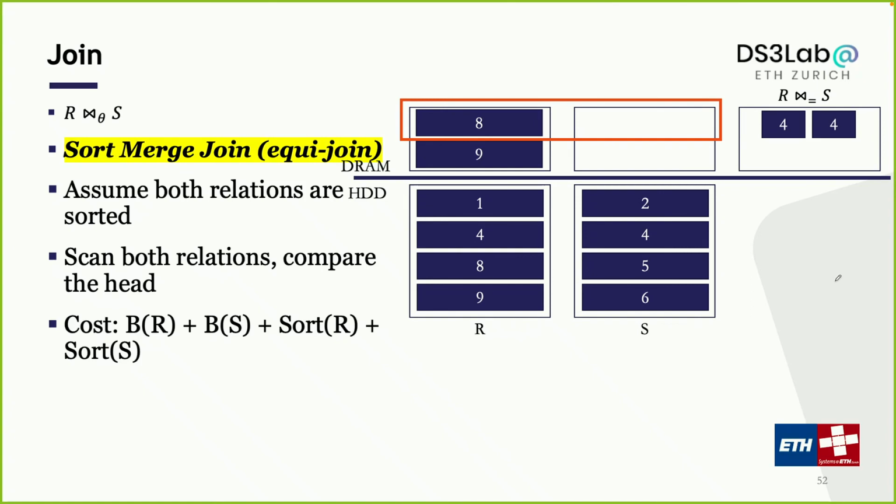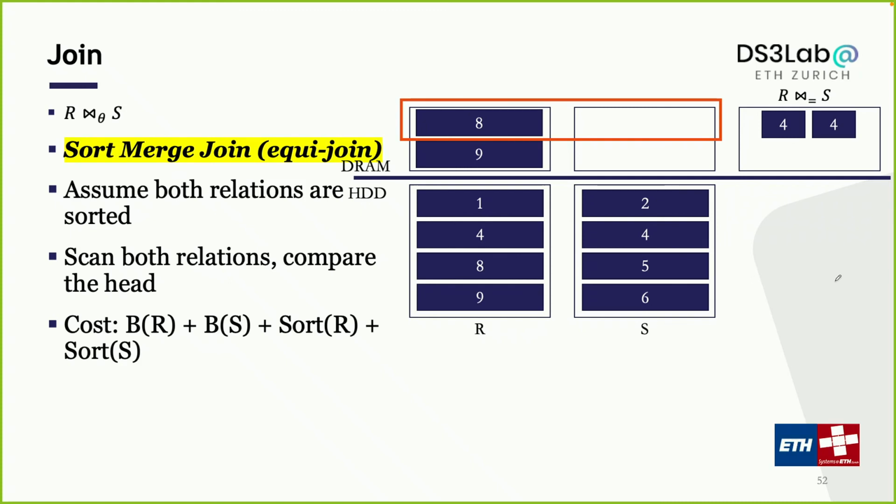So what is the cost of this? This sounds like a very expensive algorithm, but it's actually not, because the sorting operator, as we saw, can be implemented in a really efficient way. So the cost of this equals, for example, if R and S are sorted, I have to read R once and read S once.